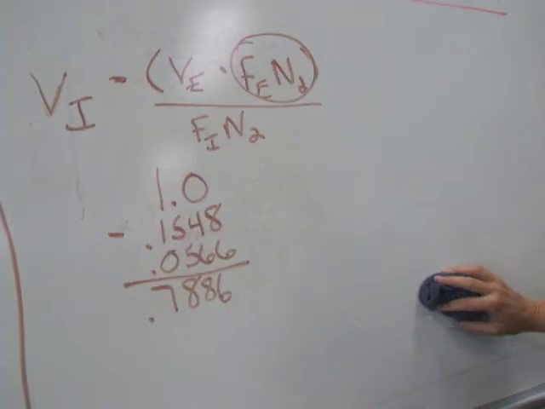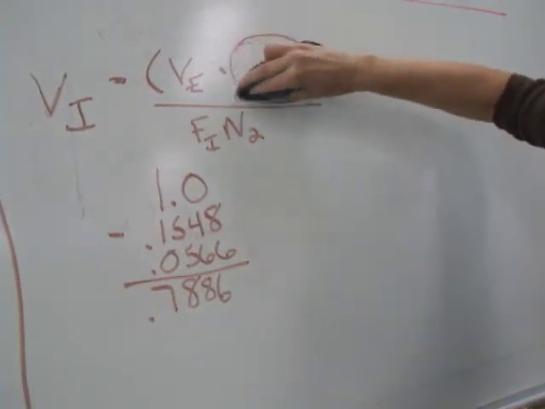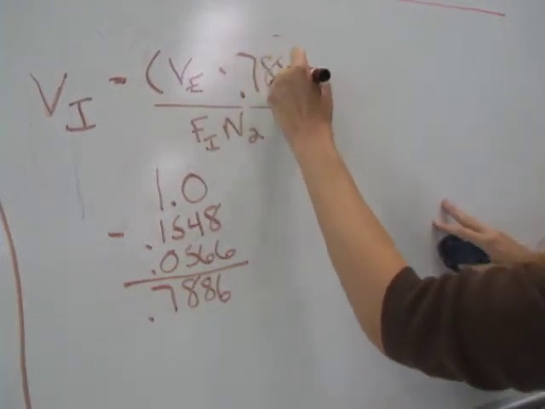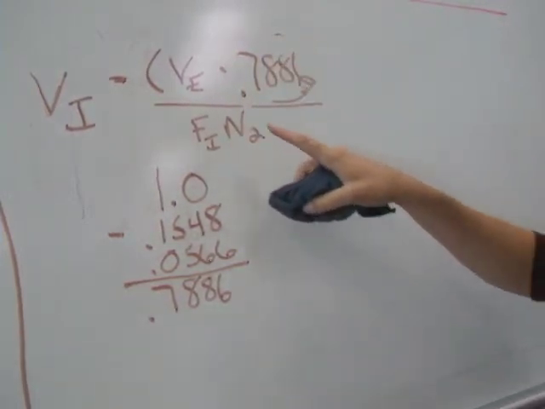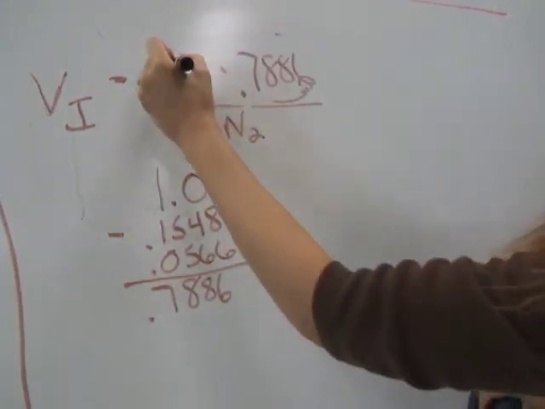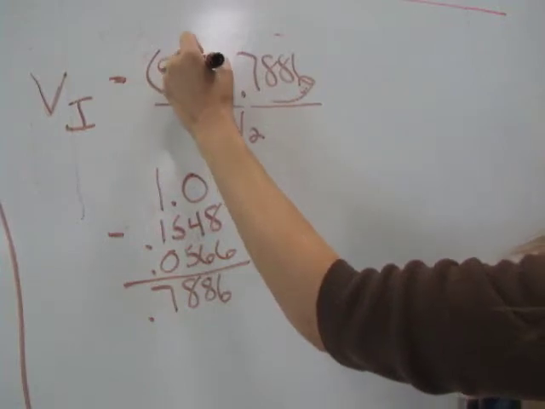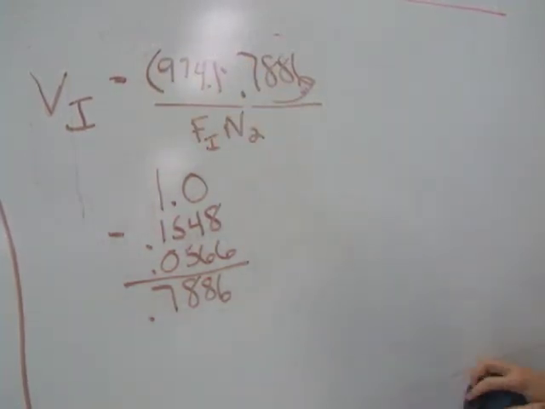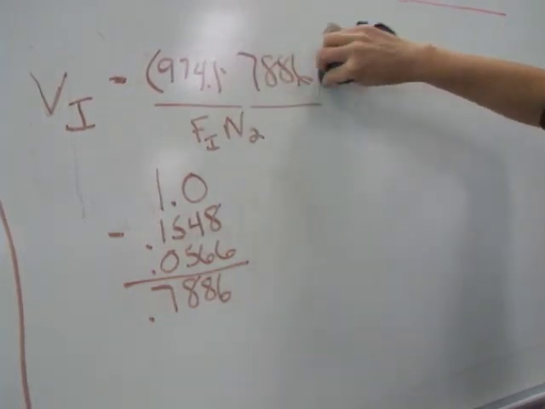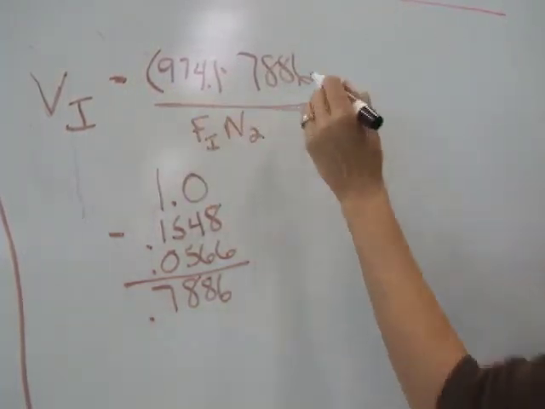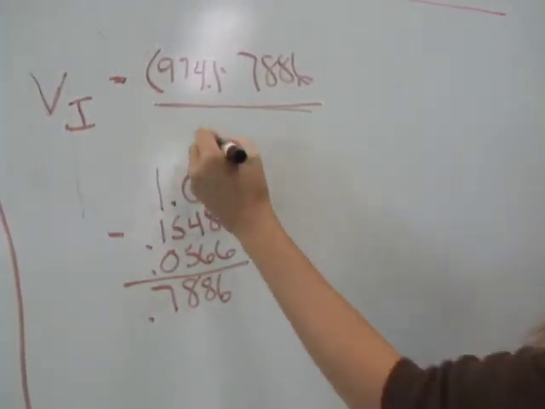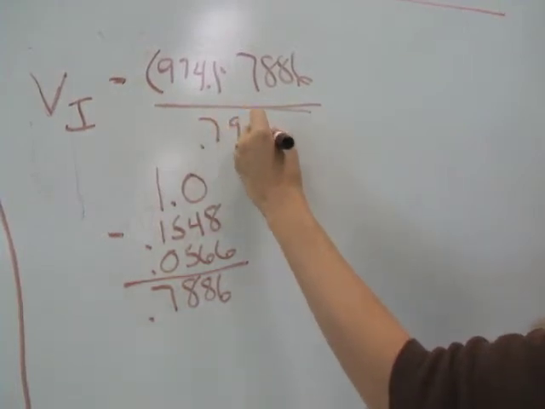That's going to be this number here. So 0.7886 can go in here. Okay, and the volume that was expired was given to you. I'm going to convert it to milliliters here, so I don't have to worry about that later. And then the fraction that was inspired, which again is a standard number, 0.7904.